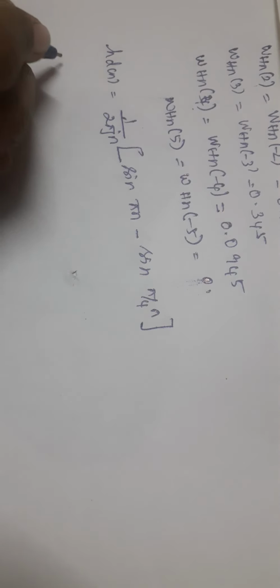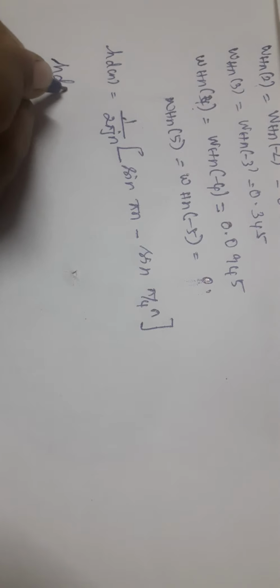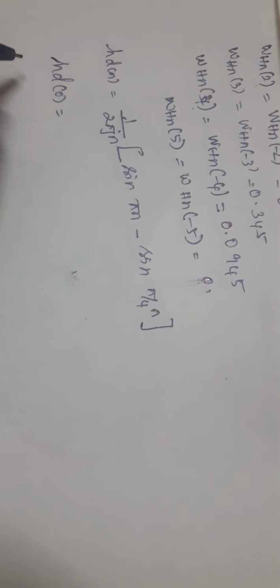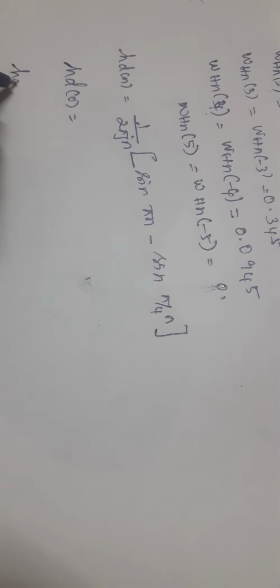So we can say here the value of hd of 0 as something, I'll come there later. So hd of 1 equal to hd of minus 1, hd of 2 is equal to hd of minus 2, hd of 3 is equal to hd of minus 3, hd of 4 is equal to hd of minus 4, hd of 5 equal to hd of minus 5.